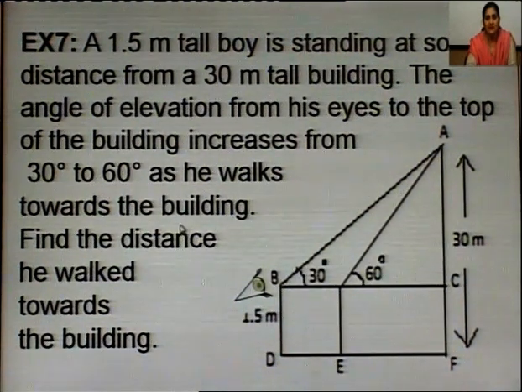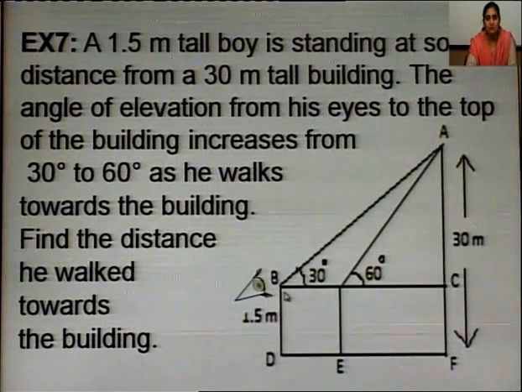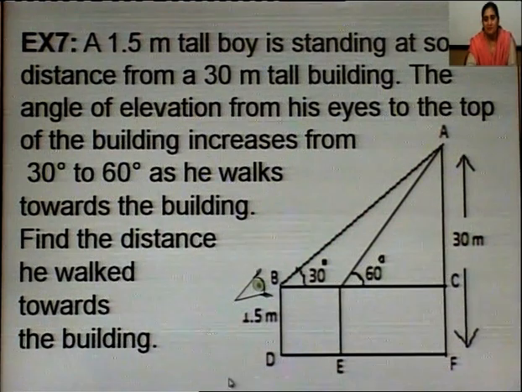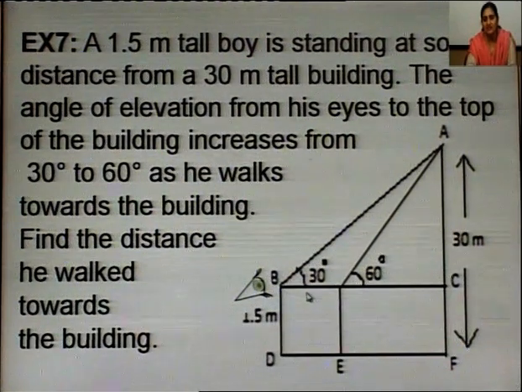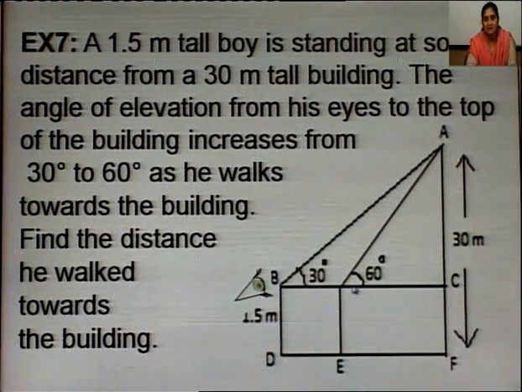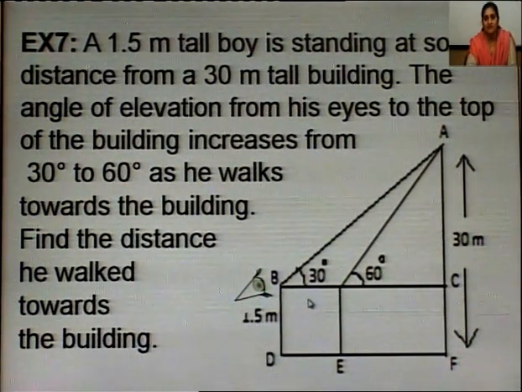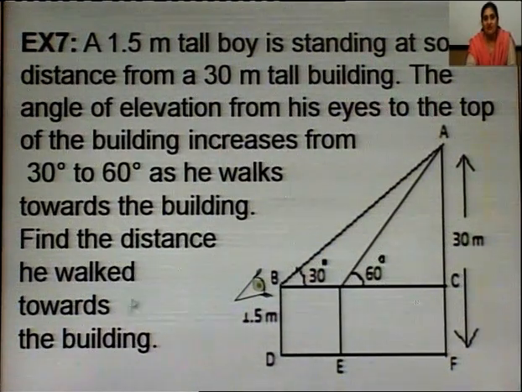It increases from 30 to 60 degrees as he walks toward the building. When he walks from BD to this place, E, he finds that at BD the angle of elevation to the top of the building is 30 degrees, and when he is at E, the angle of elevation is 60 degrees. Find the distance he walked toward the building.